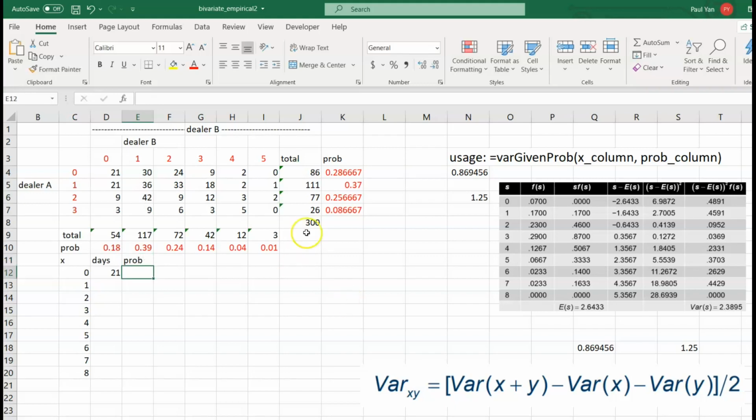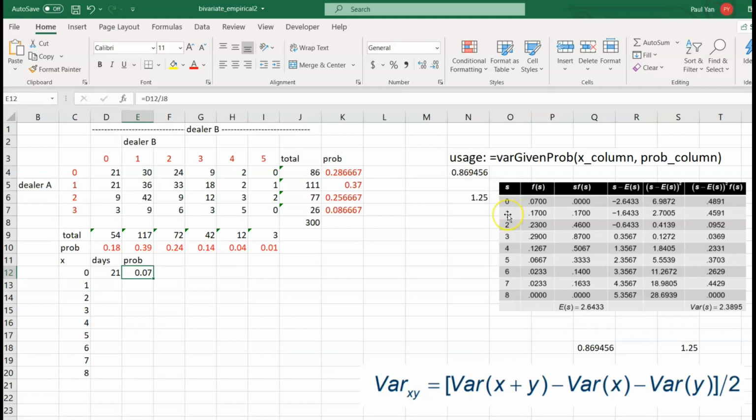We know there are a total of 300 days, so this is simply 21 divided by 300. Then we got our first probability, 7%, 0.07. Okay, so this is the first one.